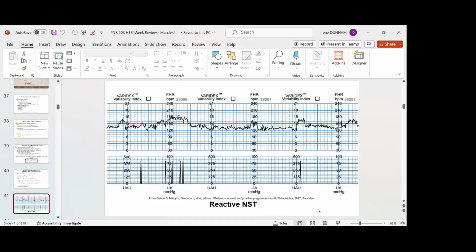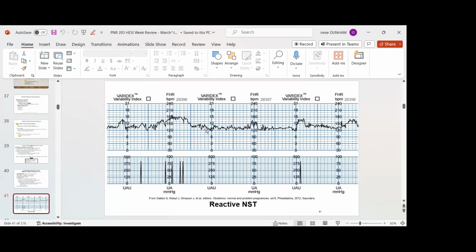That's 15 beats above the baseline, and it's lasting more than 15 seconds. I know it's good because each box is 10 seconds, and from one solid line to this solid line is 1 minute. So it's 10, 20, 30, 40, 50, 60. That's a good test.